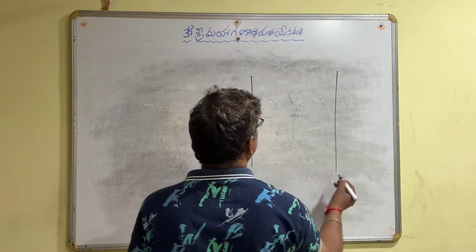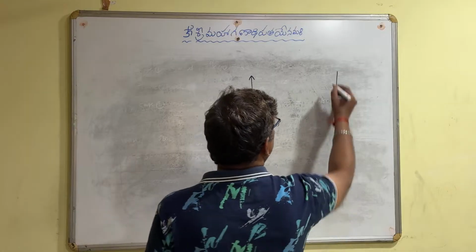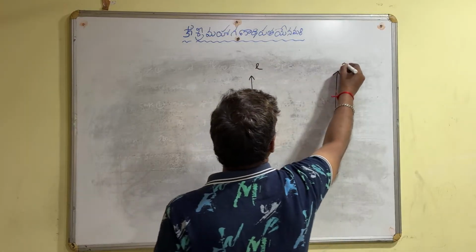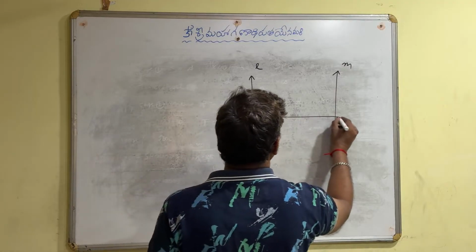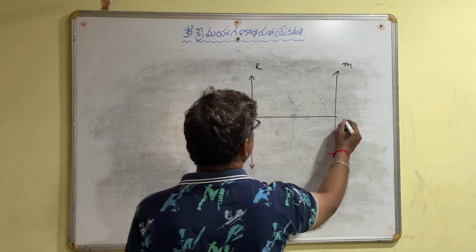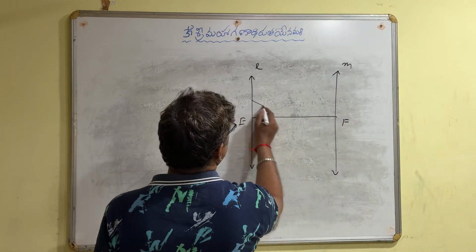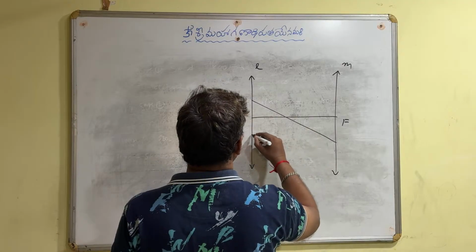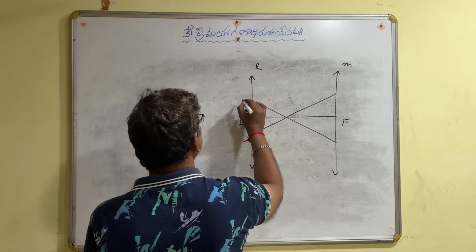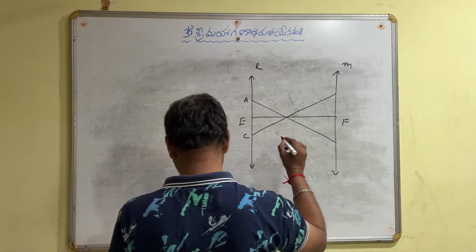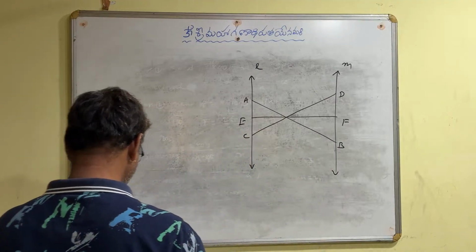Observe the figure, children. Two lines which are parallel to each other, L and M, both are parallel to each other. There is a line EF. This is A, C, B, D. Okay.